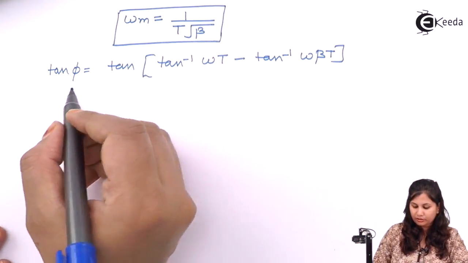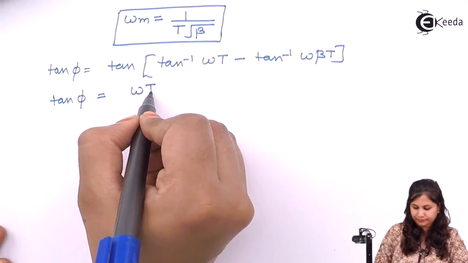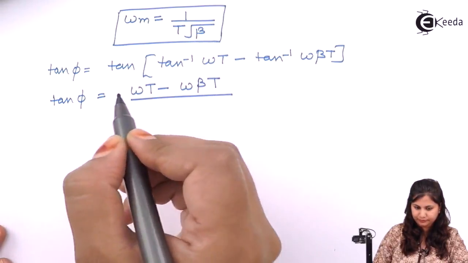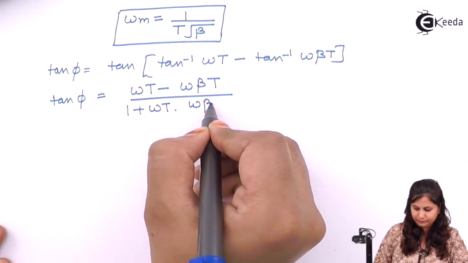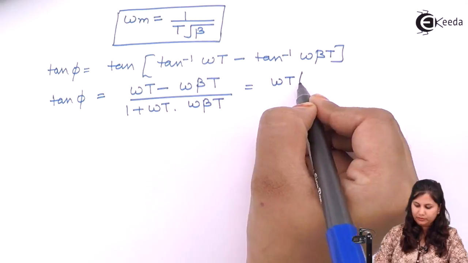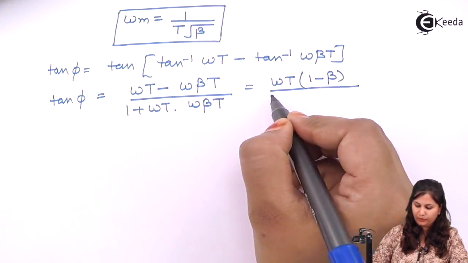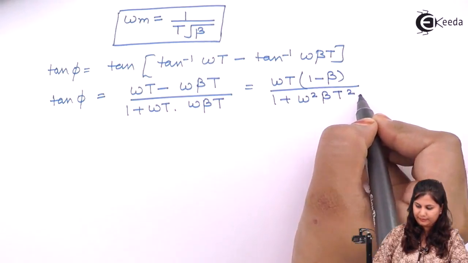Okay, so here the tan phi is equals to, take omega t as common, so we are left with 1 minus beta upon 1 plus omega square beta t square.